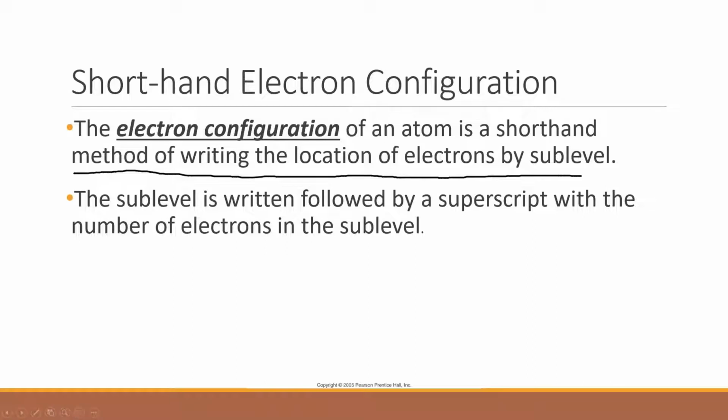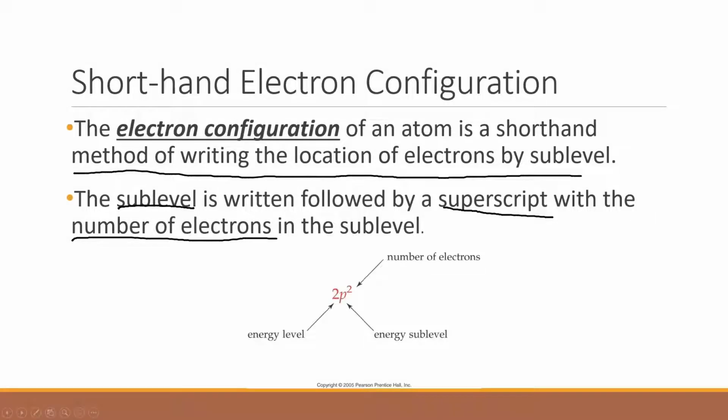So we're not worrying about the spins of electrons, nor are we worrying about which orbital specifically those electrons are found in. And the way that we write the shorthand electron configuration is by first writing our sublevel. A sublevel can be something like 1s, 2s, 2p, 3s, etc. And then a superscript will show the number of electrons in said sublevel.